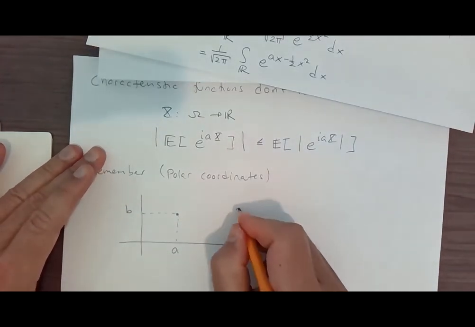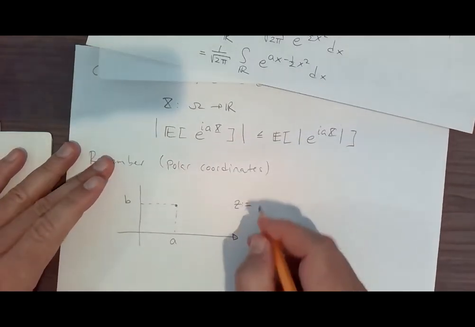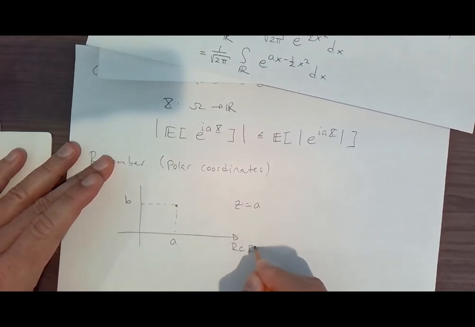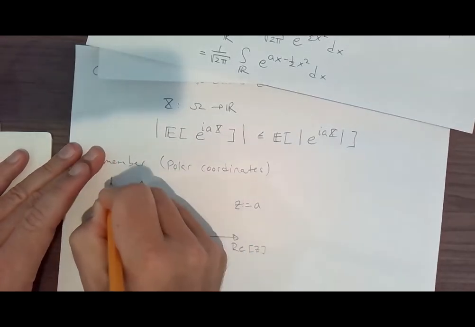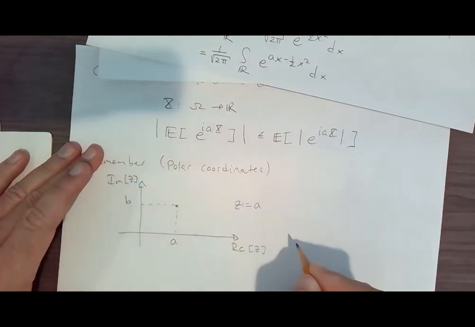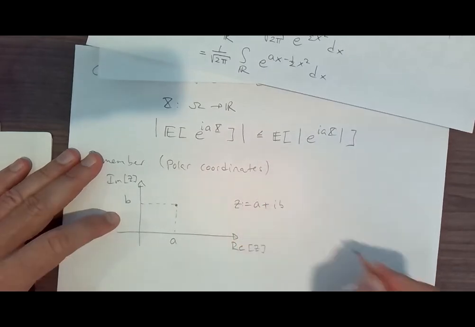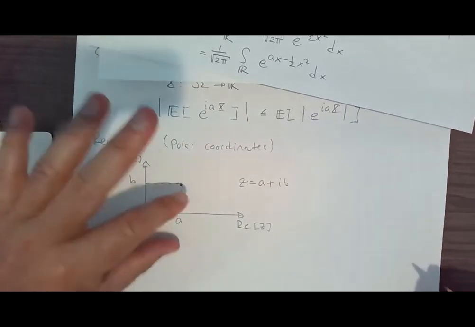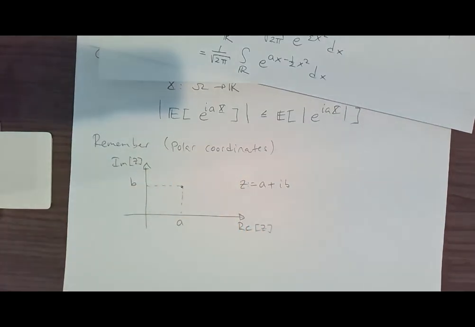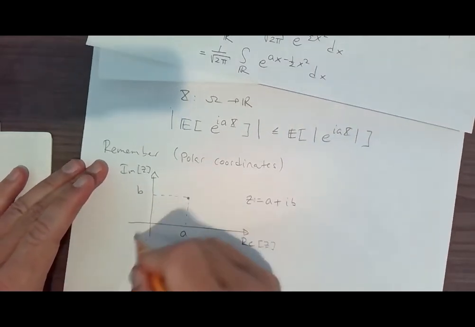So my z, if it's a complex number, then I'll write this as a plus ib. So this here is the real part. This one here would then be the imaginary part. So here I have ib. So the complex plane, R2, polar coordinates are typically what you refer to in R2, but it is really very similar. So this here is my vector.